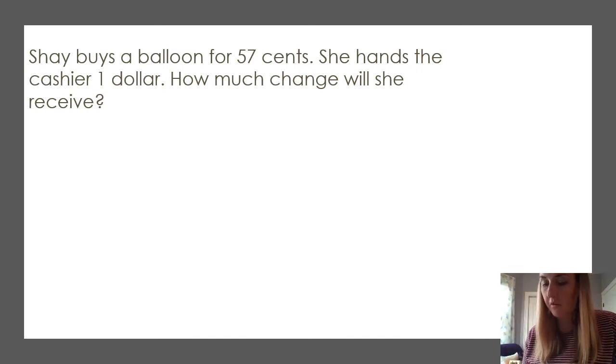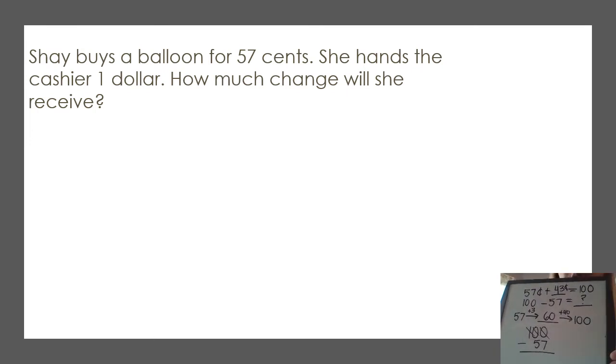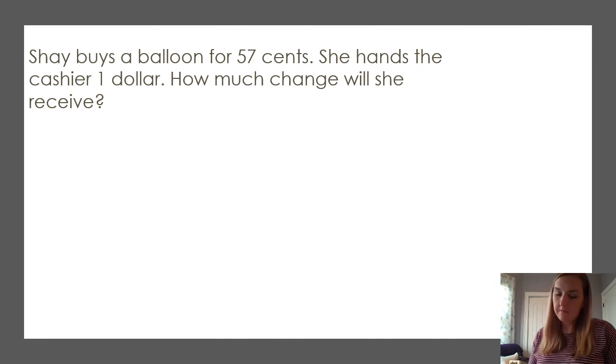I'll do the vertical way, 100 minus 57. Notice that I already crossed off the 100, and I know that I need to decompose to make tens and ones, so I can take away 57. When I decompose 100, it'll make 9 tens and 10 ones.